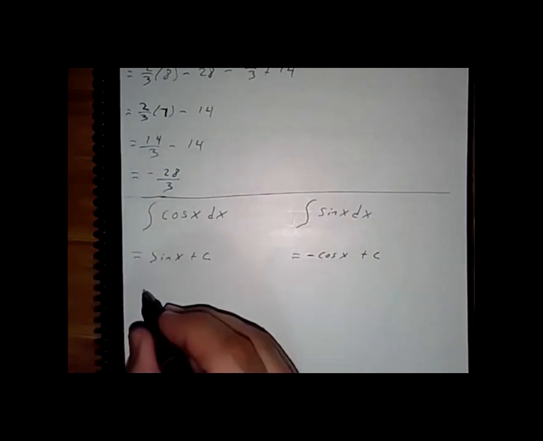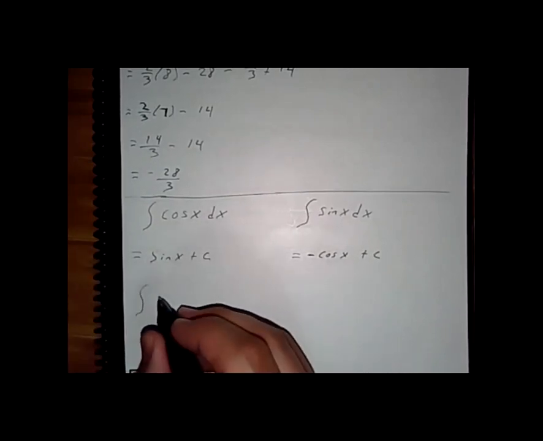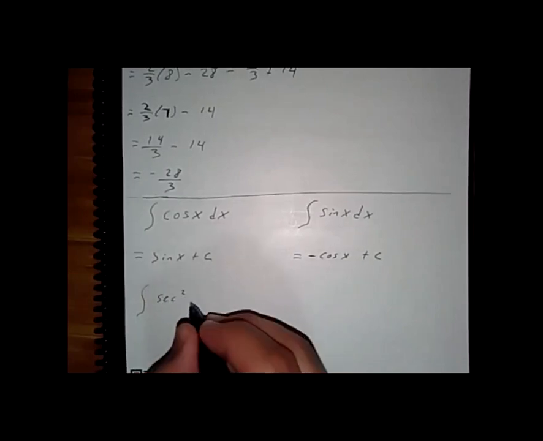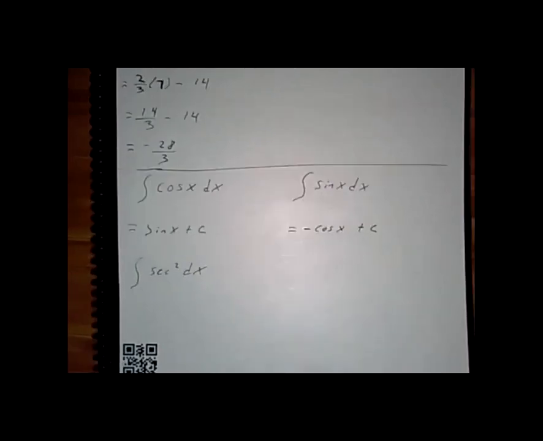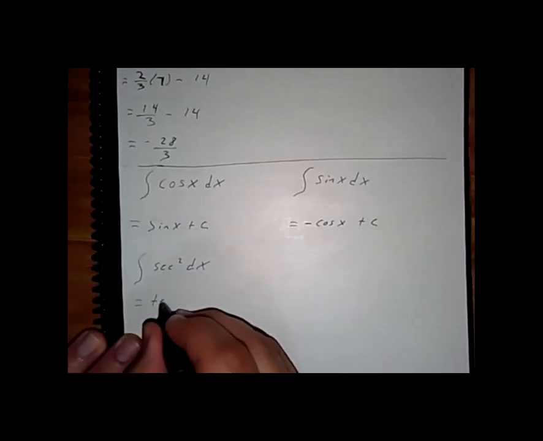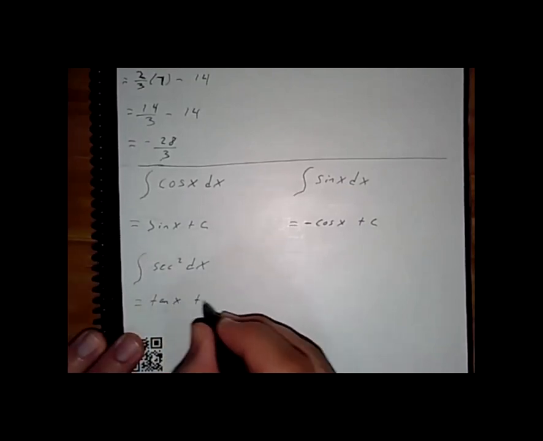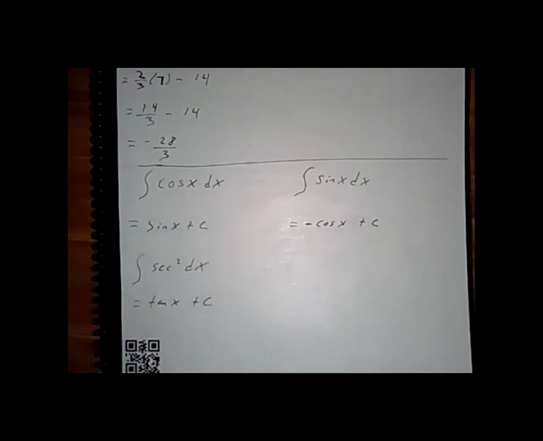So the integral of secant squared would be what? Tangent x. Yeah, exactly right. Tangent x plus c. But since these are all indefinite, I have to add my c.